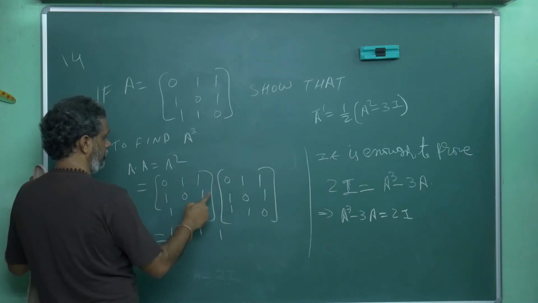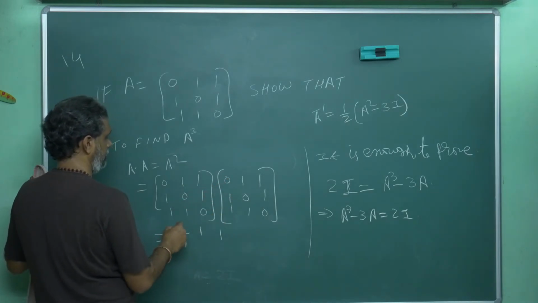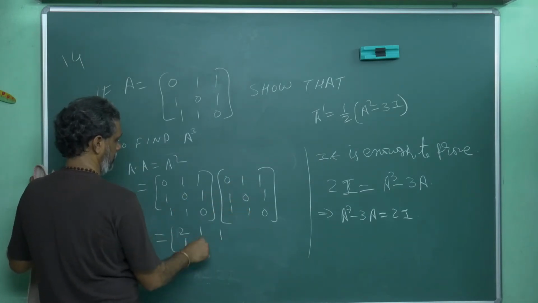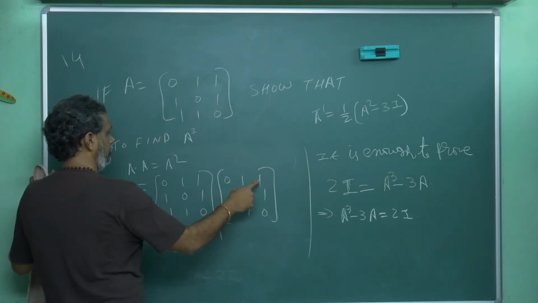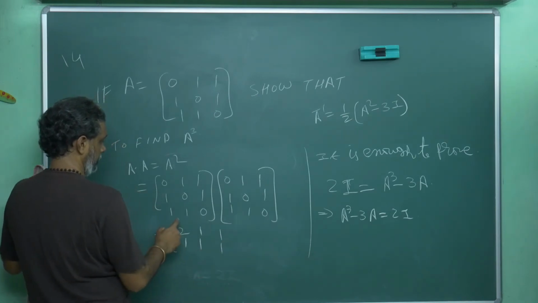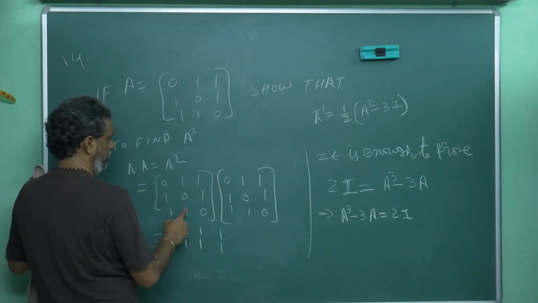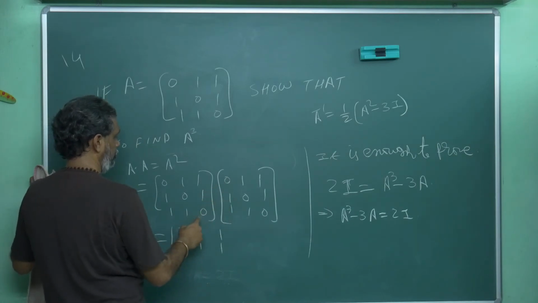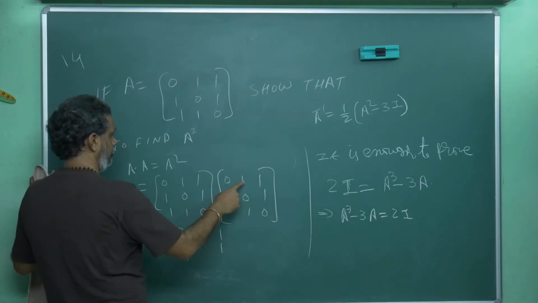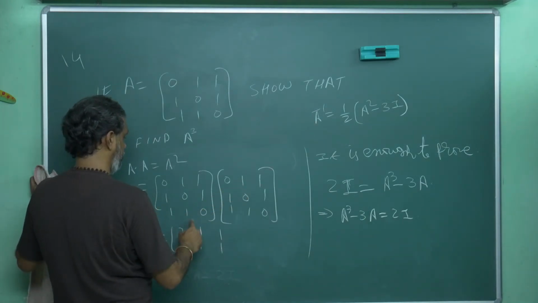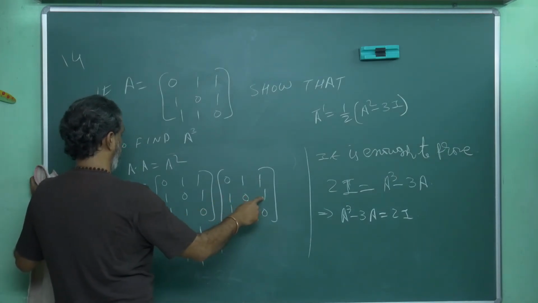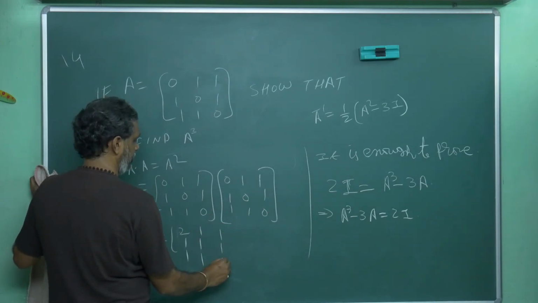Second row second column: 2. Second row third column: 1. Third row first column: 1. Third row second column: 1. Third row third column: 1 plus 1, which is 2.